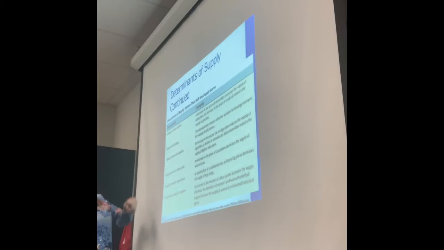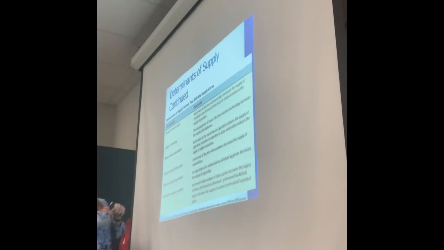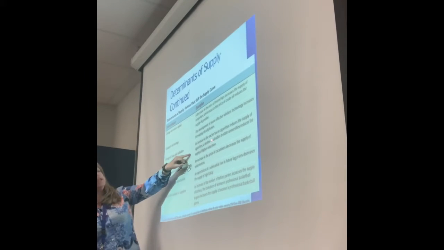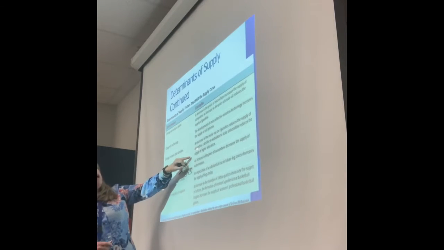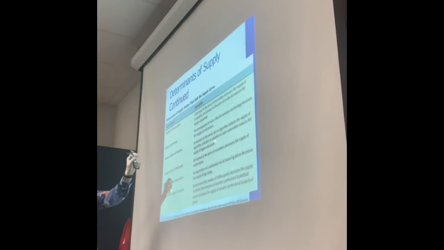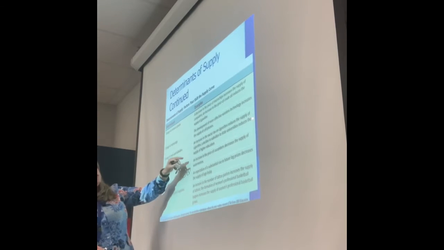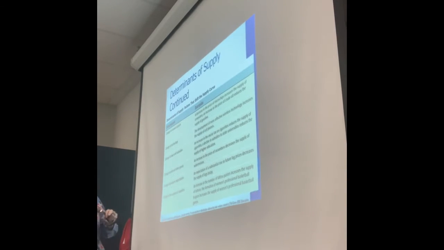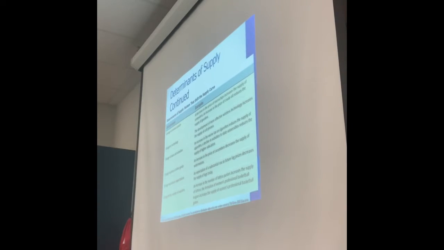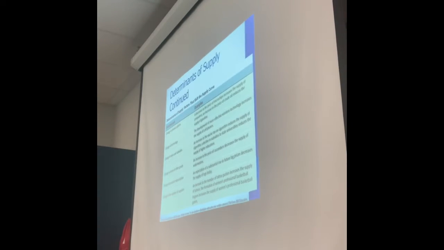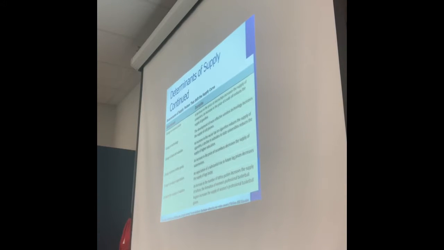Number 3, we have the change in taxes and subsidies. An increase in the excise tax on cigarettes reduces the supply of cigarettes. A decline in subsidies to state universities reduces the supply of higher education. Because the federal government is subsidizing the federal loans, and I think you know that by fact right now.